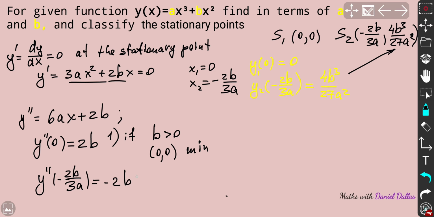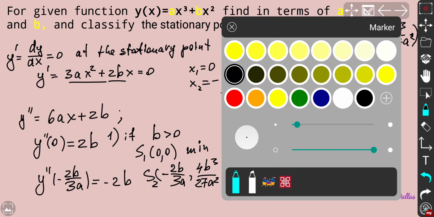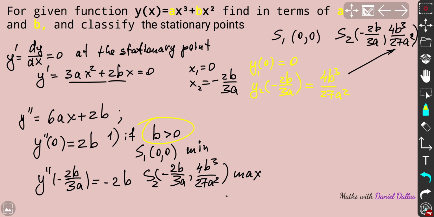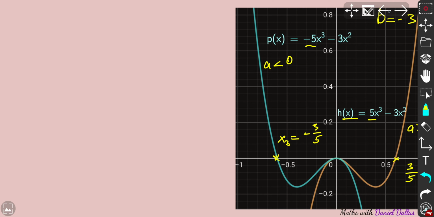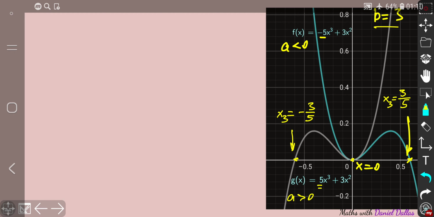In this case, obviously, if b is positive, the second point, that was S1, so this is S2 with coordinates negative 2b over 3a and 4b cubed over 27a squared, is the point of maximum. Let's go back and check it quickly. If b is smaller than 0, this is the condition, we might have the following. If b is positive, we definitely have this case.